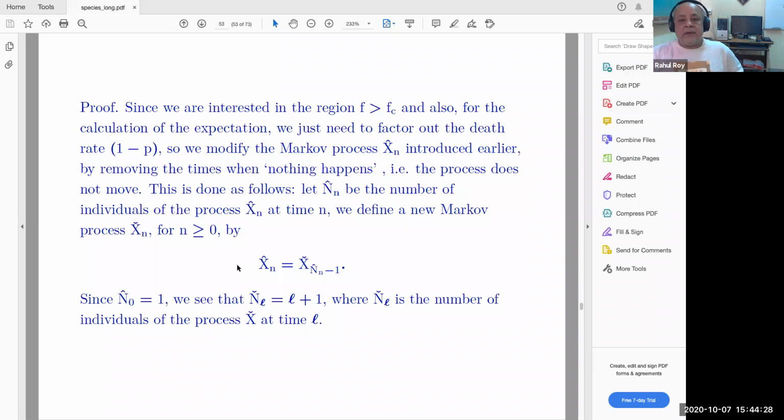Again, since we're interested in the region F bigger than Fc, and also for the calculation of expectation, we just need to factor out the death, because we don't care about what's happening at death.